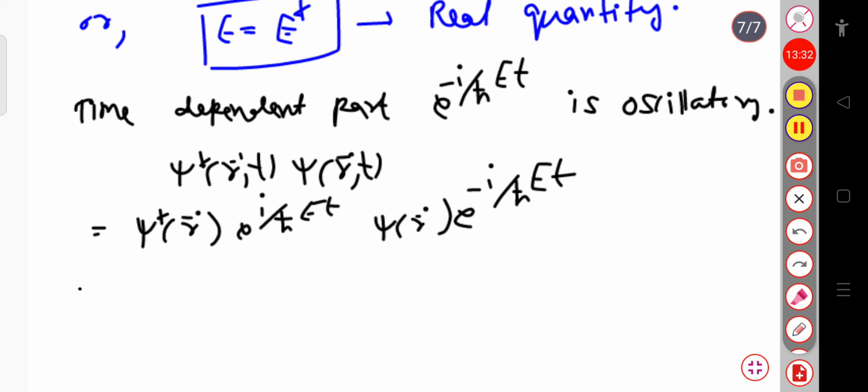This can also be written as ψ*(r) ψ(r), because E is a real quantity.